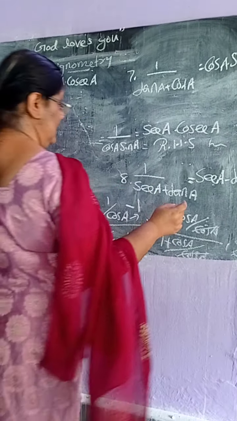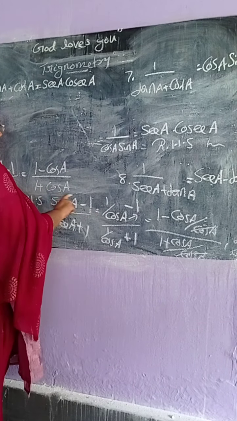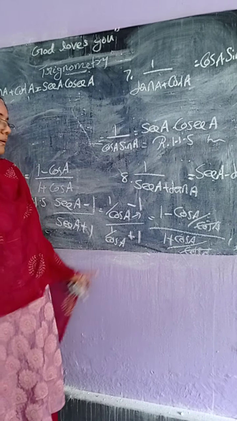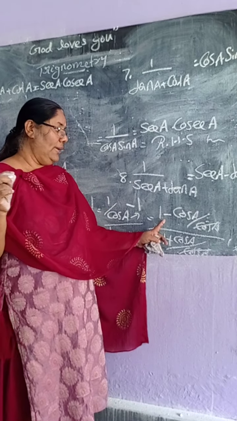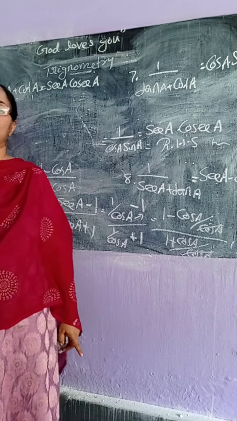Therefore, what is the RHS? 1 minus cos A by 1 plus cos A. That is the RHS. Here the denominator is the same, therefore we cancel. Therefore, the answer is 1 minus cos A by 1 plus cos A.